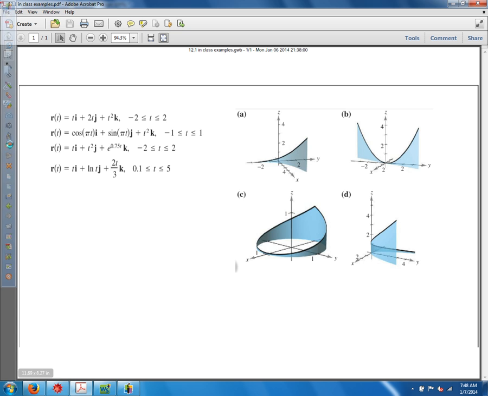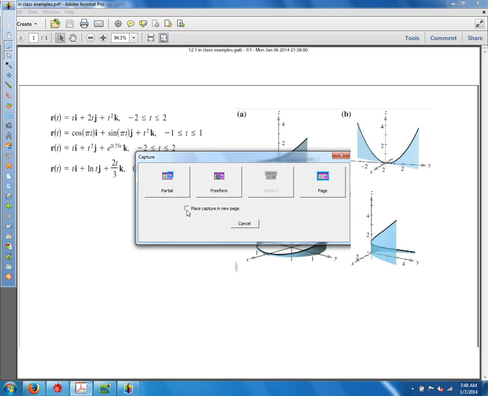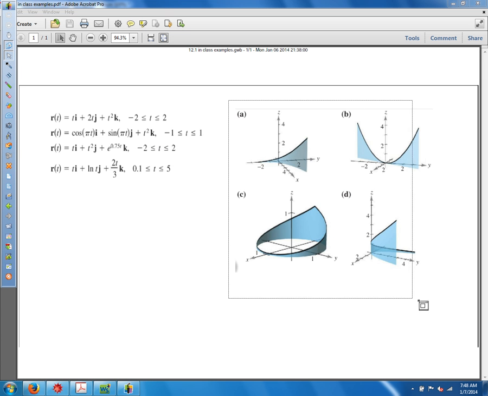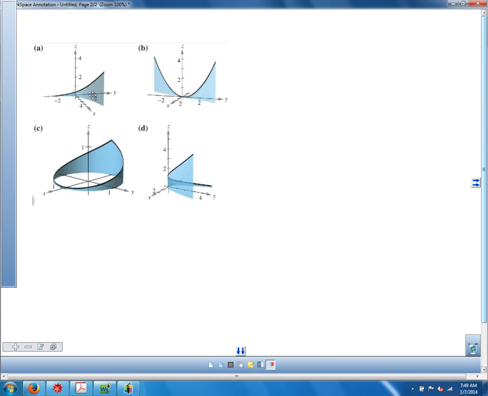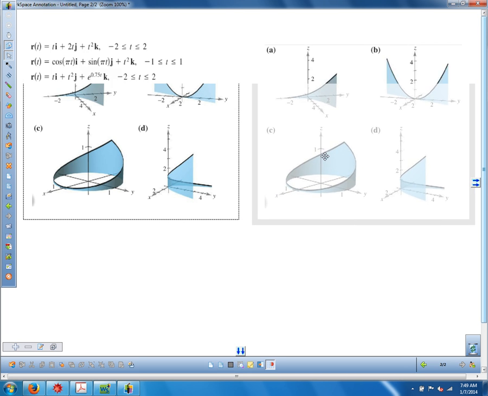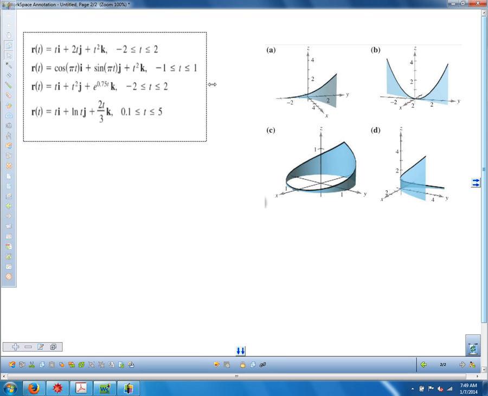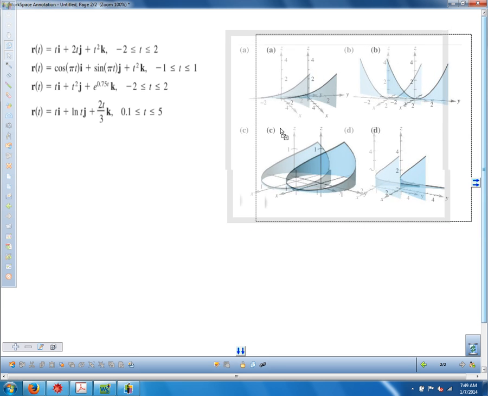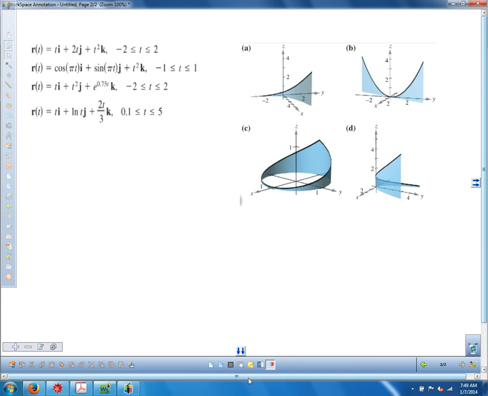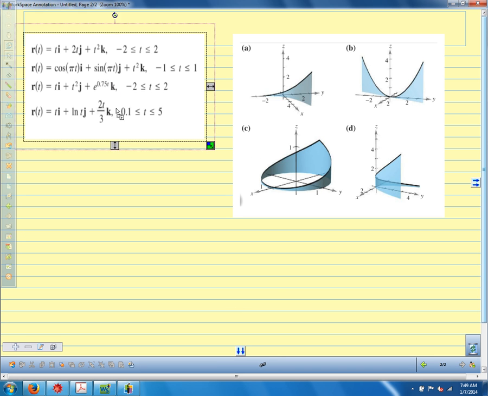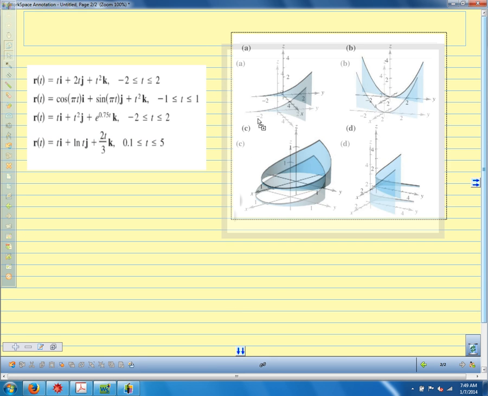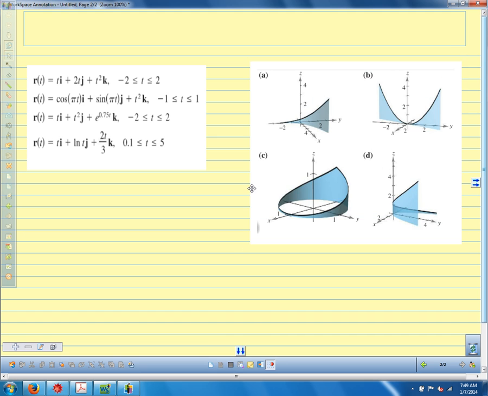Let me grab our graphs, and we're going to match these up. So there we go. We want to match these equations to the graphs.